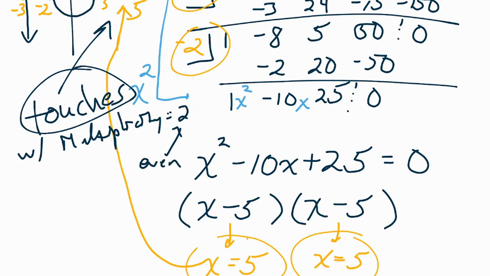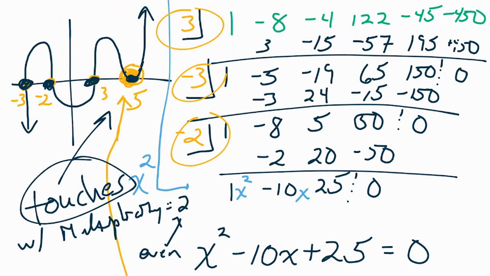The truth is, any even multiplicity will always touch. These roots crossed. And when you cross, that's because there is an odd multiplicity. Now remember, multiplicity just means how many times it is counted. And each one of these was only counted once. So the multiplicity was 1.